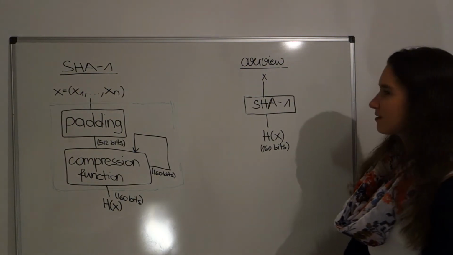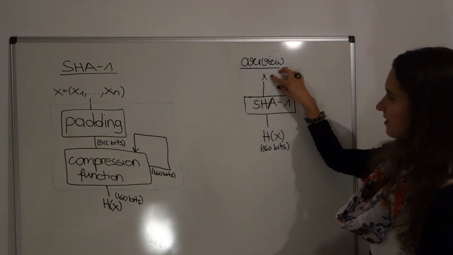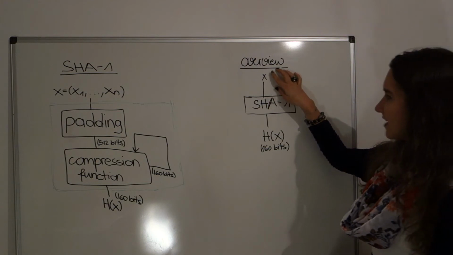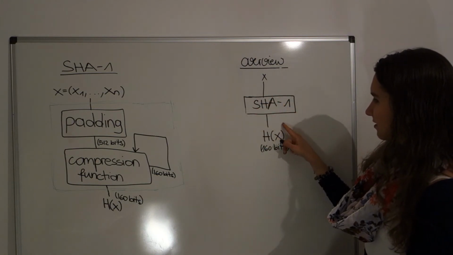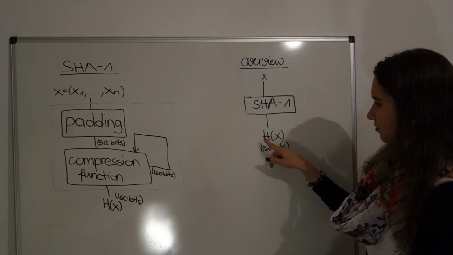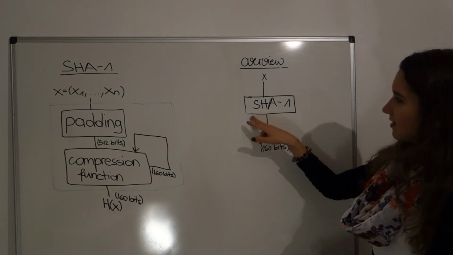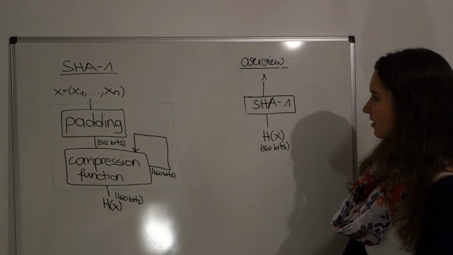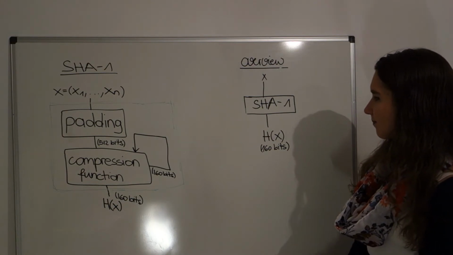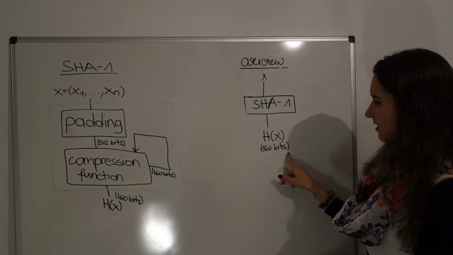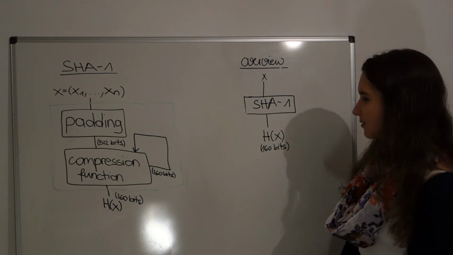Hash algorithms take an input, let's call it X, and generate an output called H from X. And in case of the SHA-1 hash algorithm, this output has the fixed length of 160 bits.